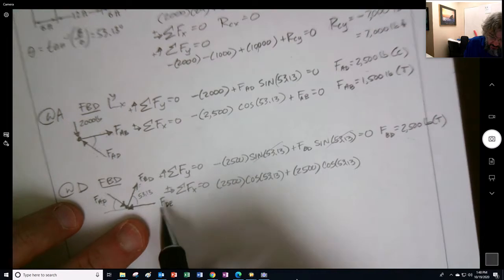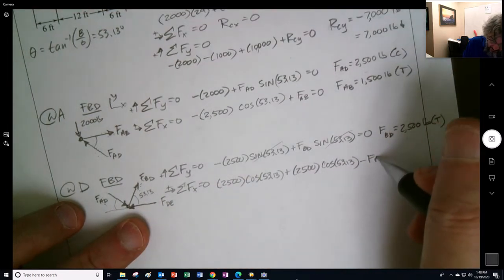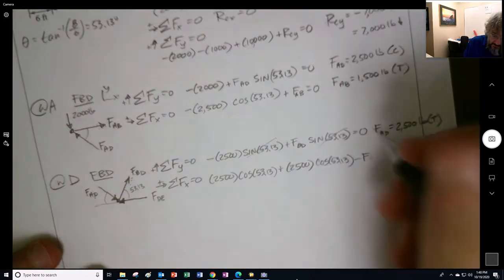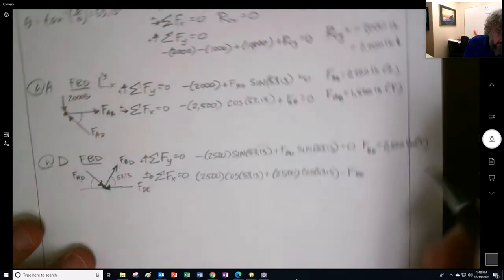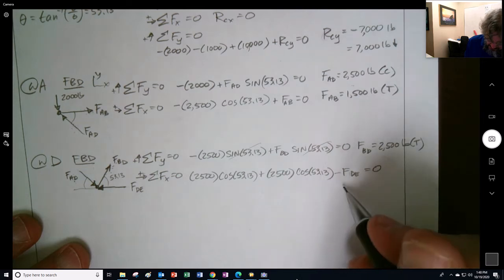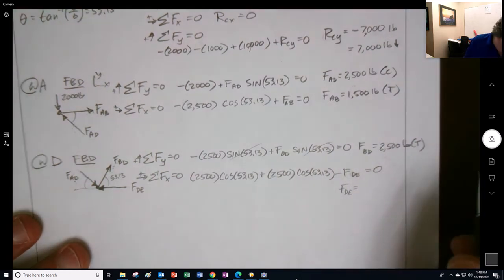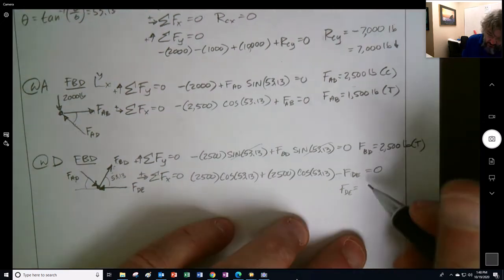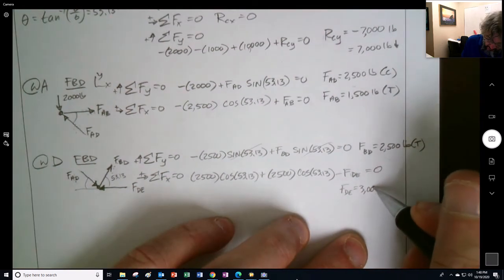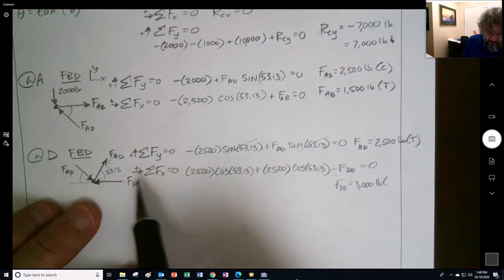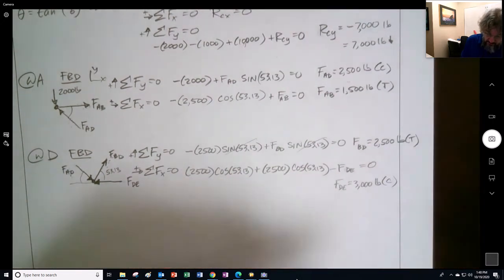And now this one is negative FDE, and that's equal to 0. So FDE, we put those things together, and FDE ends up being 3,000 pounds, and it's pushing, so it's getting pushed on, so it's compression.